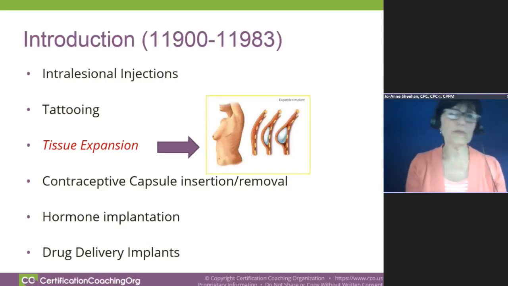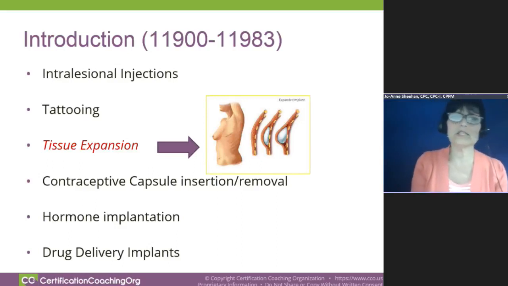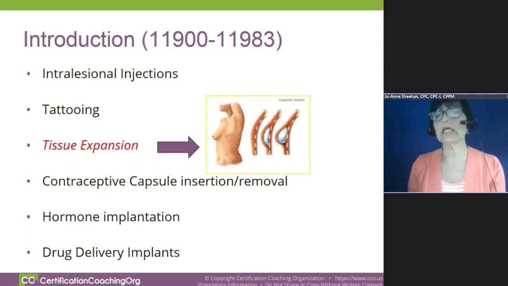There's a lot of information involved in this particular section, especially with the breasts. I can't stress this enough because you will get questions about this. And as I've said in almost all my webinars, when it comes to testing for your CPC or your CPB, it's guidelines, guidelines, guidelines.